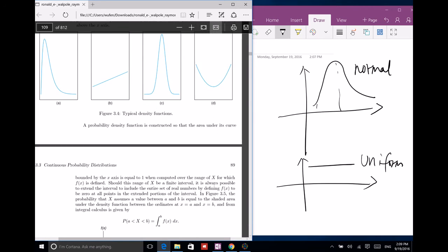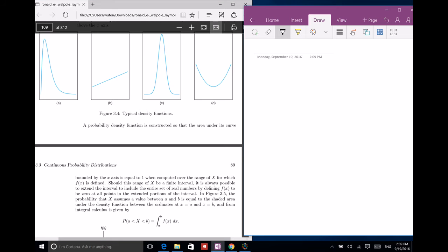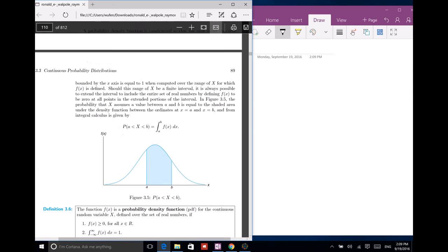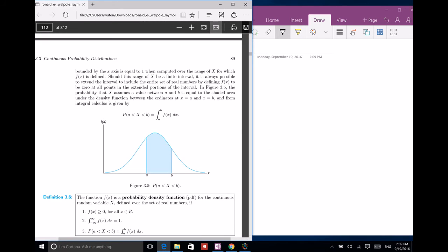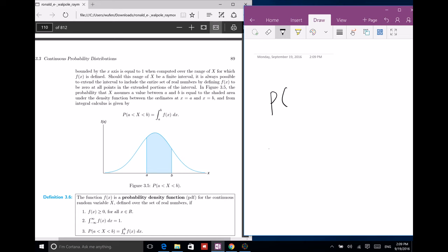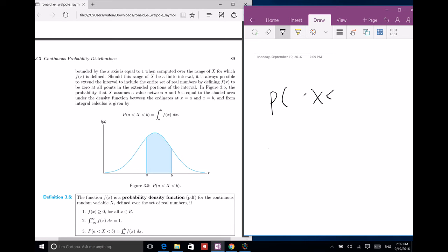A continuous distribution means the variable is a continuous variable. So when you look at the probability from A to B, x bigger than A and less than B, because it's a continuous function, we have to add all the probabilities together. Adding or summation for a continuous function is the antiderivative, the integral.